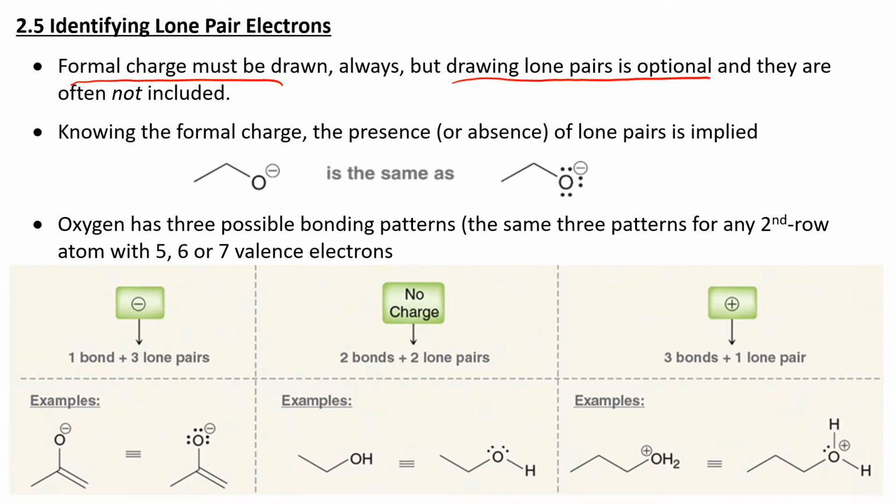You're going to need to know where they are and how many lone pairs are present based on a given formal charge. For example, an oxygen atom that has a formal charge and one bond will have 3 lone pairs. Remember, we're trying to make sure that our atom has an octet here. So we have 8 total electrons around that oxygen atom.